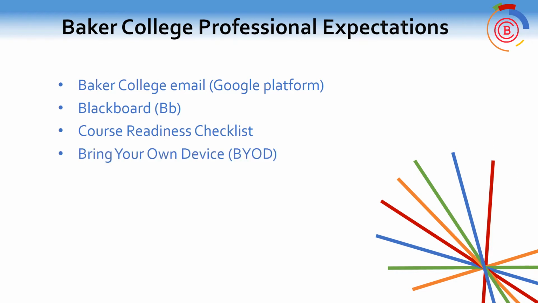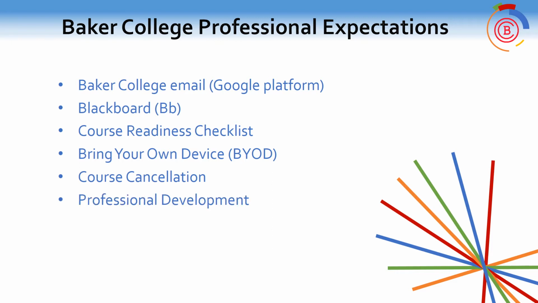Bring your own device, or BYOD, use per Baker College policy. Course cancellation. Follow the process depending on the situation. Professional development requirements of all faculty members. And student learning outcomes. For details as they pertain to you, please see the Baker College Professional Expectations document.